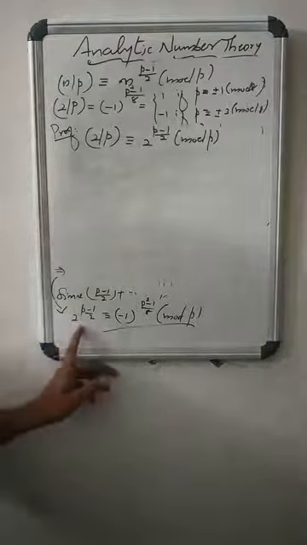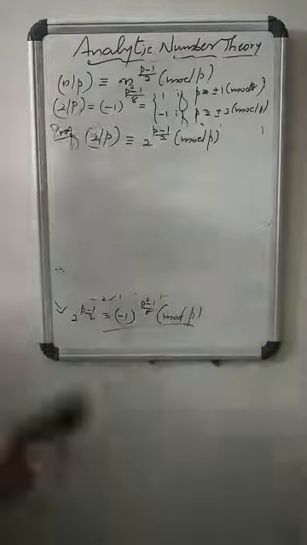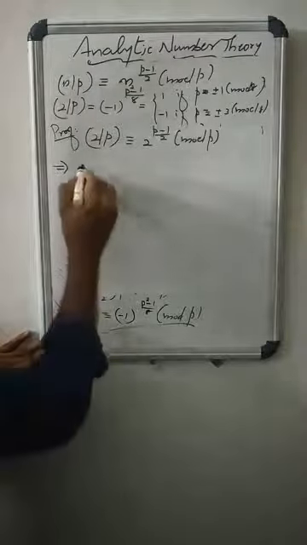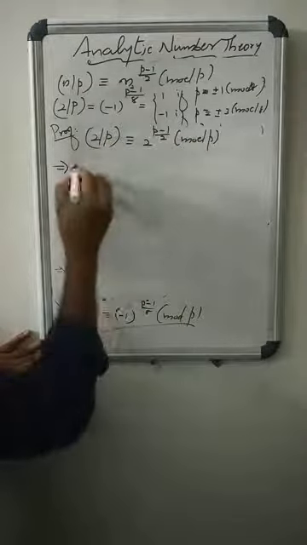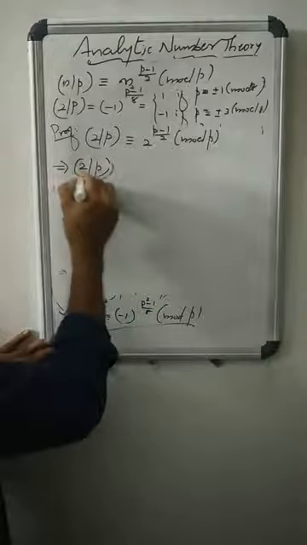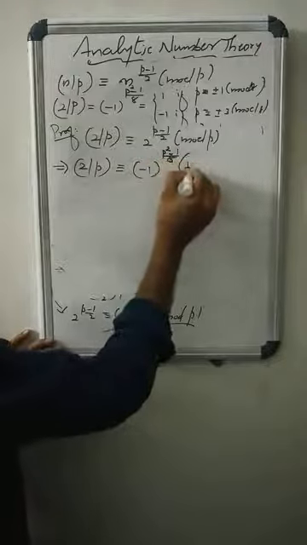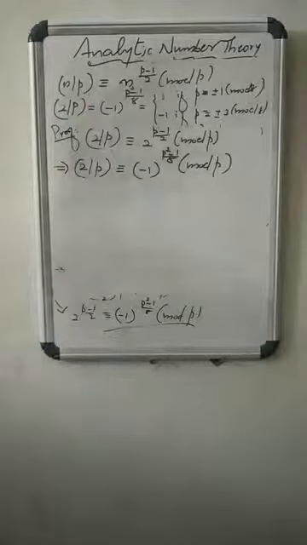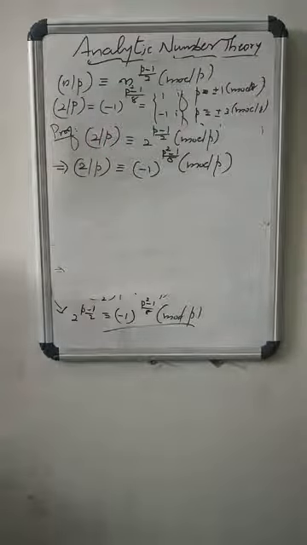But from here 2^((p-1)/2) is congruent to (-1)^((p^2-1)/8) mod p. So combining, (2/p) is congruent to (-1)^((p^2-1)/8) mod p. This is the first requirement.